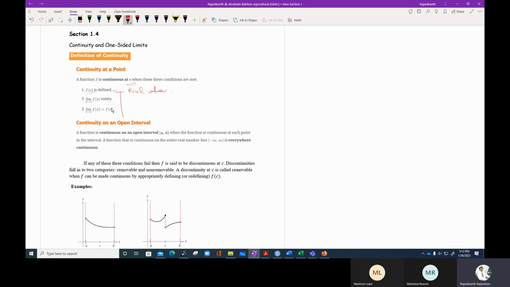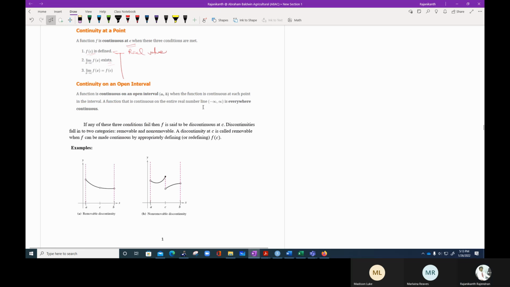Okay, so these are the three conditions you have to keep in mind. The function is continuous at C means the function should be defined at C, the limit should exist at C, and the limit value and the function value should be equal. Okay, then you could say that the function is continuous at the point C.